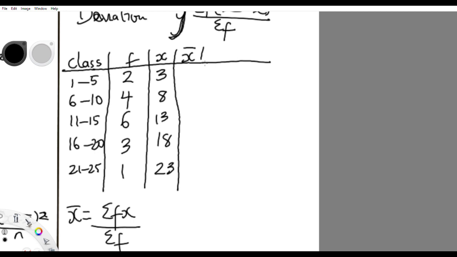So that means we need fx, plus a quick revision. 6, this is 32, this is 78, this is 54, this is 23. Okay, and calculating that should be 6 plus 32 plus 78 plus 54 plus 23.